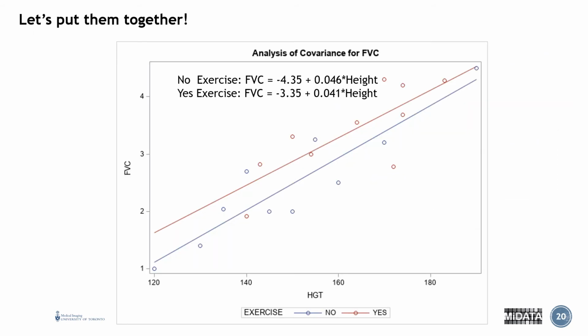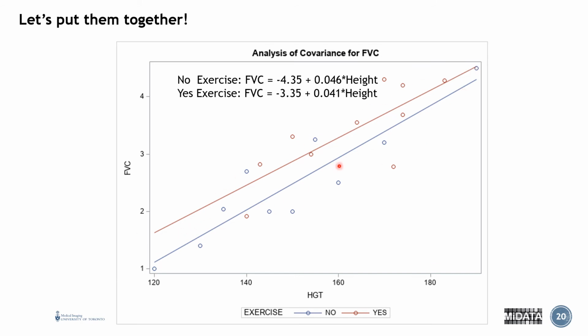Okay, let's put them together. So when you look at the two equations for the straight lines, for the subjects that did not exercise versus the subjects that did exercise, here are your points. The red points are for yes, I exercised, and blue for no, I did not exercise. And here are the two lines.